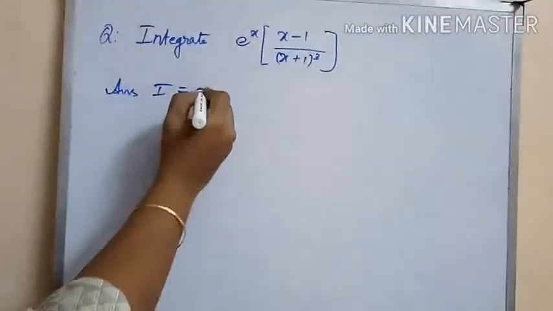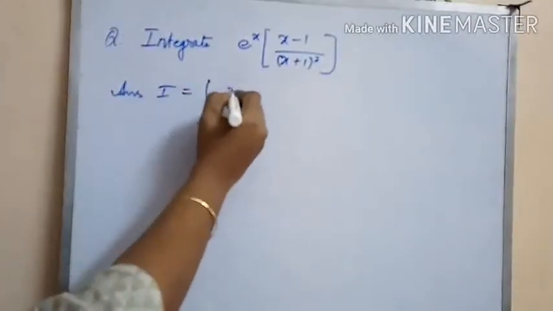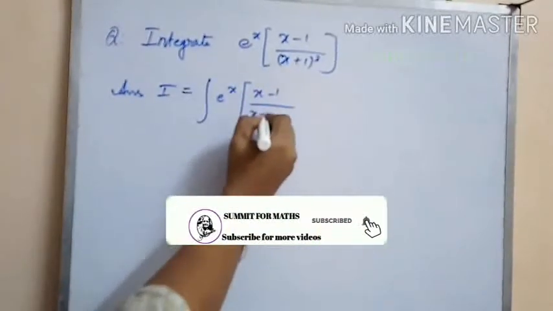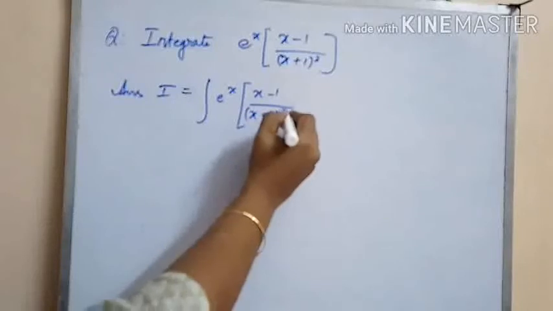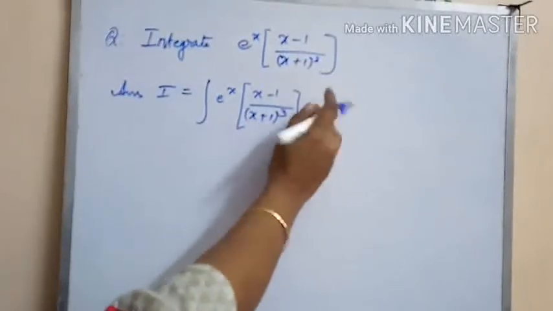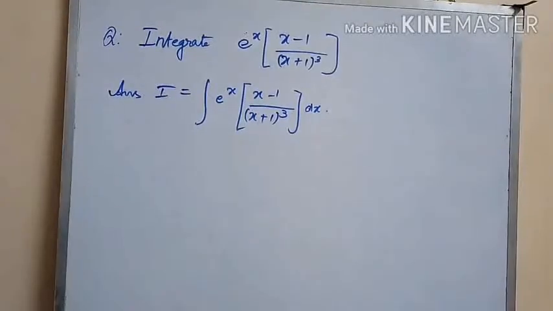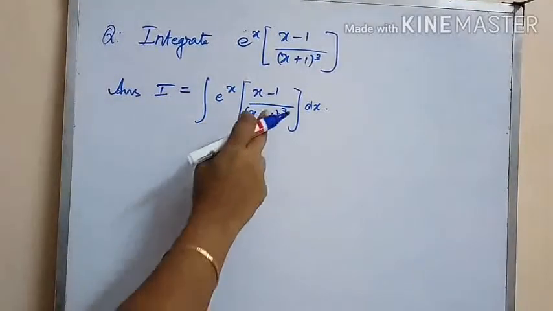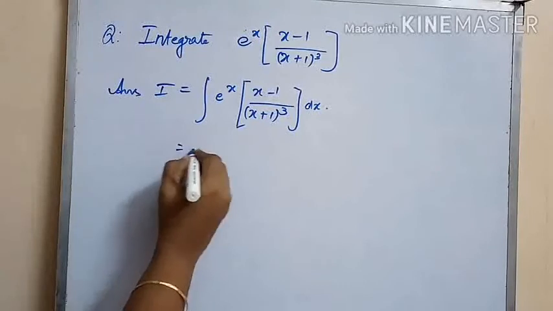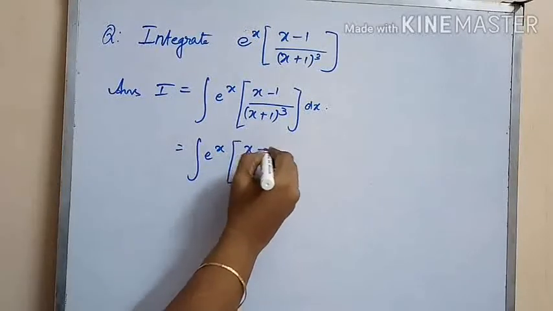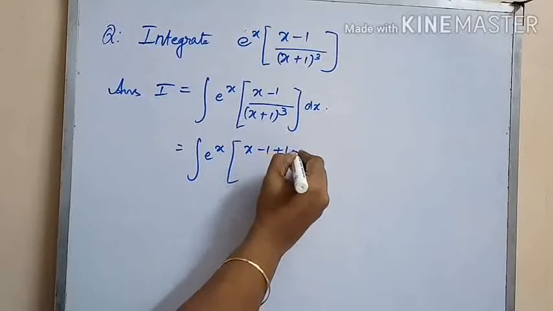The next problem for today's session is the integral of e to the power of x into modulus of x minus 1 by x plus 1, the whole to the power of 3, into dx. Now let us add and subtract 1 in the numerator in order to bring it to the form x plus 1.